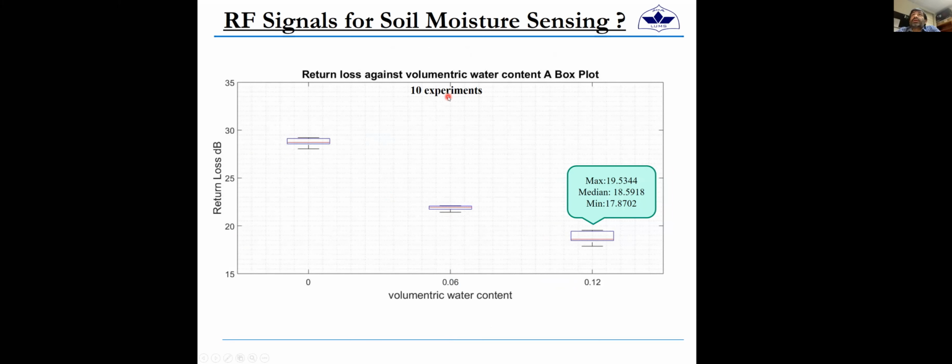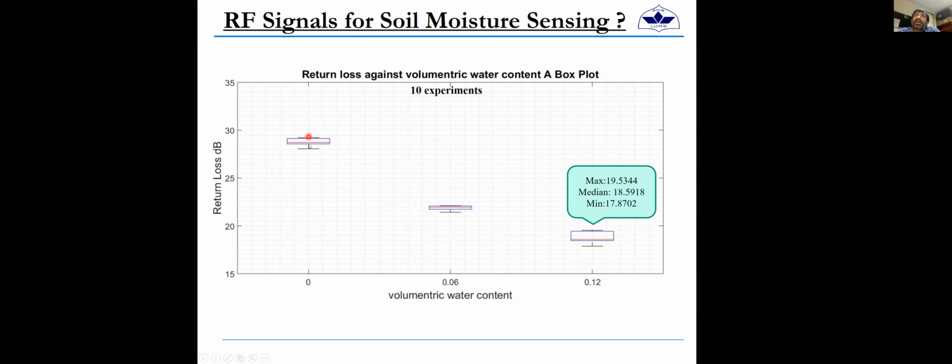So since we did 10 experiments, for every theta v, there are total 3 theta v equal to 0, 0.06, 0.12. ठीक है, और हर theta v के लिए हमने कितने experiment किए? 10. So these 10 experiments हमने क्या measure किया? Return loss. All of these 10 values are plotted here.